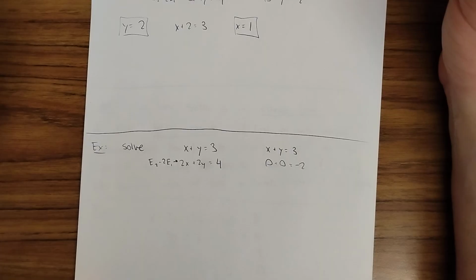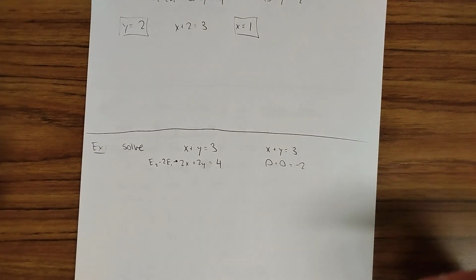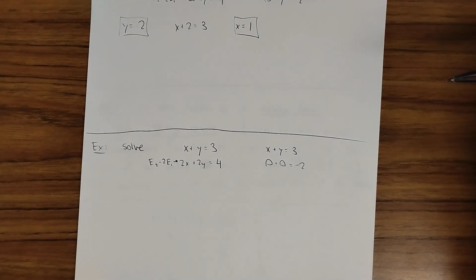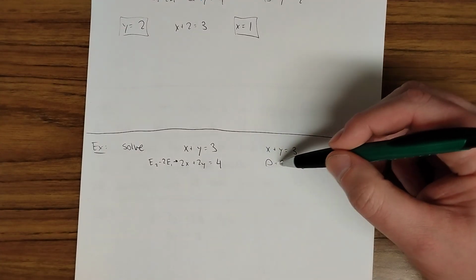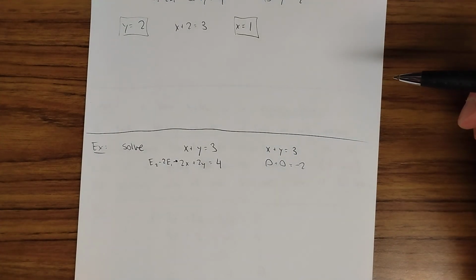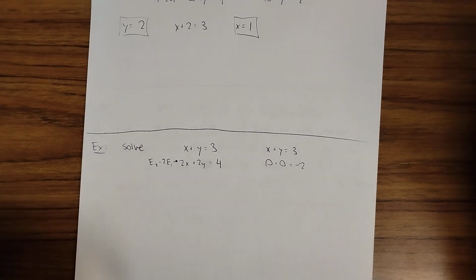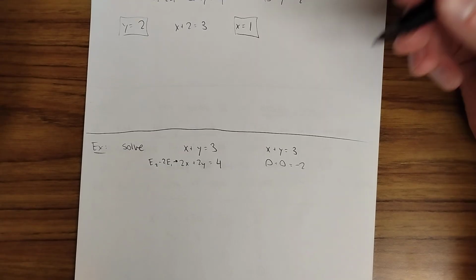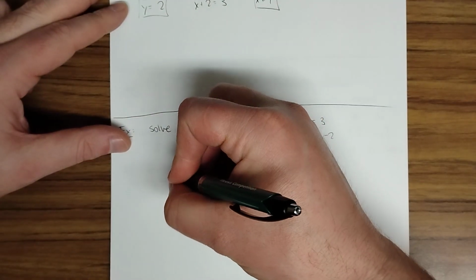And what I've arrived at is a system that's telling me nonsense. Fundamentally, we're looking for values of x and y that make these equations true. And there is no value of x or y that could ever make this second equation true. 0 does not equal negative 2. So since there's no possible value of x and y that makes this true, we say no solution.